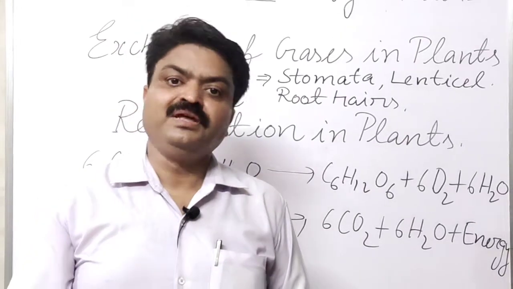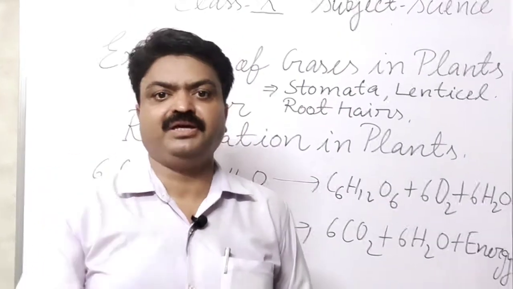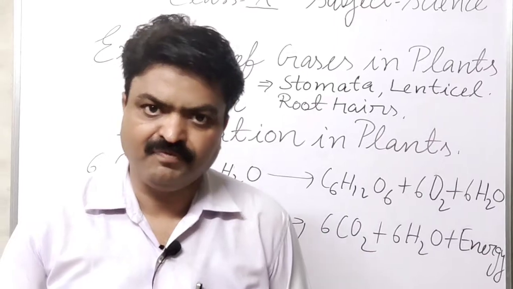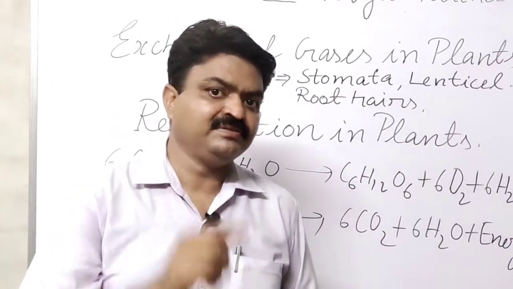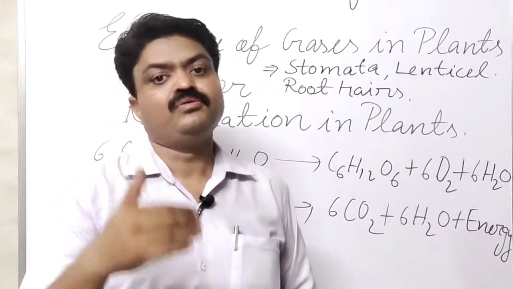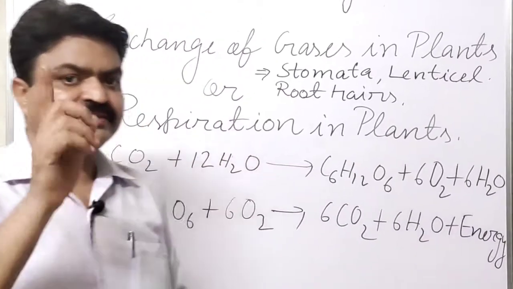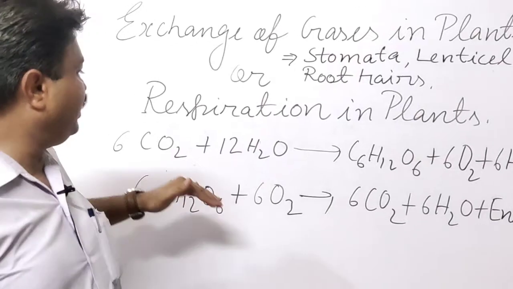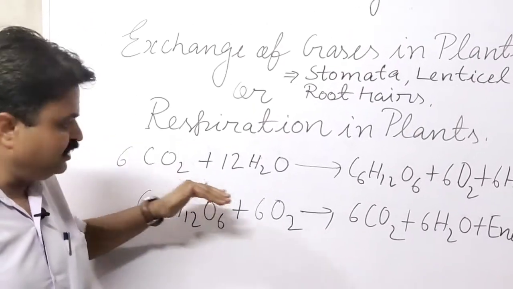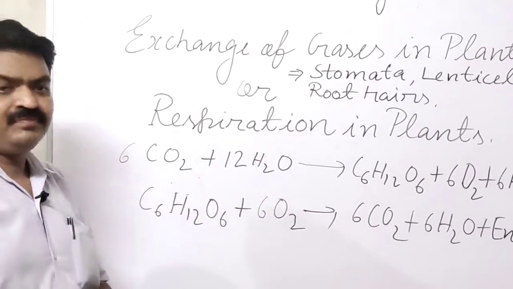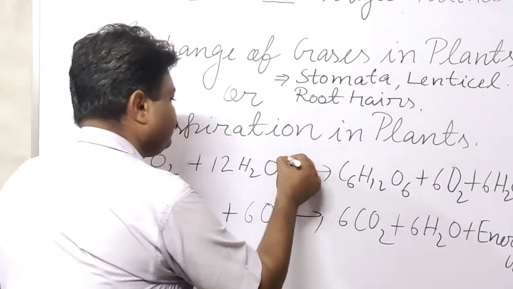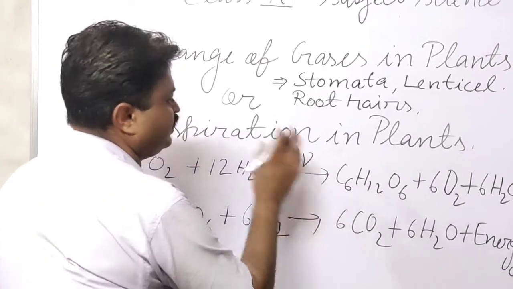First, plants make their food with the help of photosynthesis. In this, they also need to exchange gases, because in photosynthesis, which gas do they need? Carbon dioxide, and with this they also need water and sunlight.